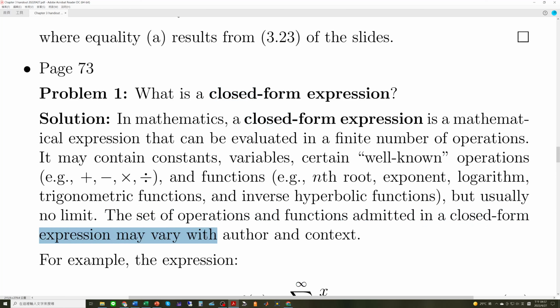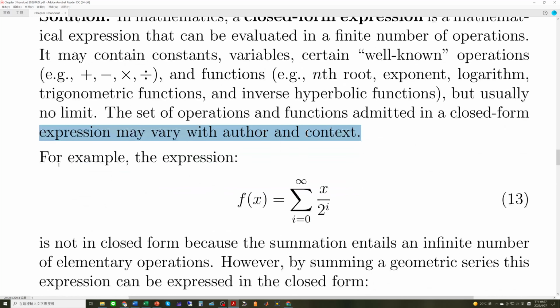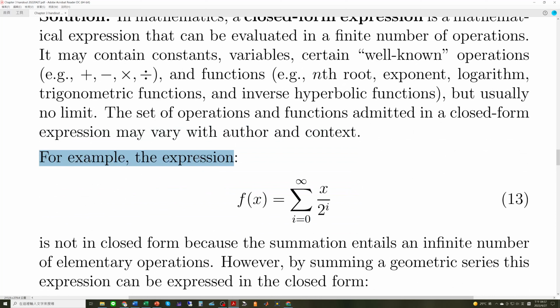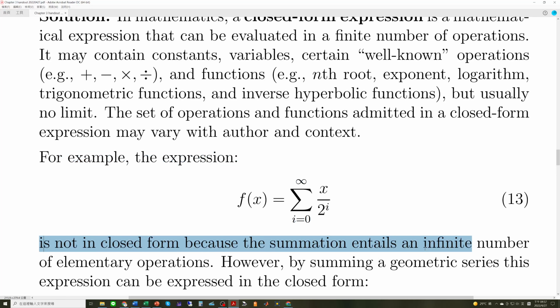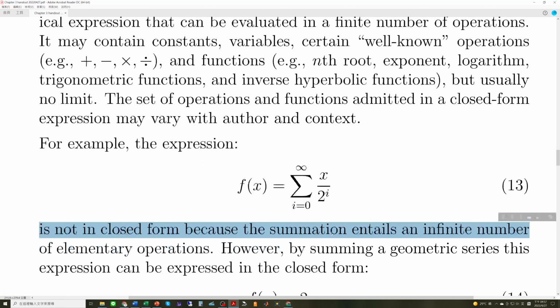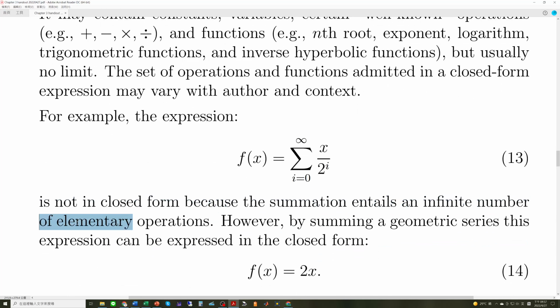Expression may vary with author and context. For example, the expression f of x is equal to summation I is equal to 0 to infinity x over 2 to the power of I is not in closed form because the summation entails an infinite number of elementary operations.